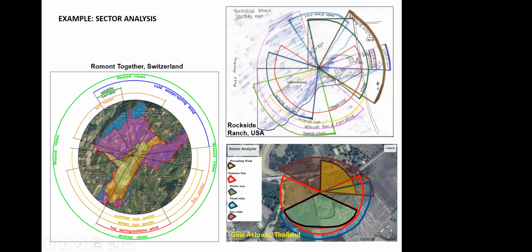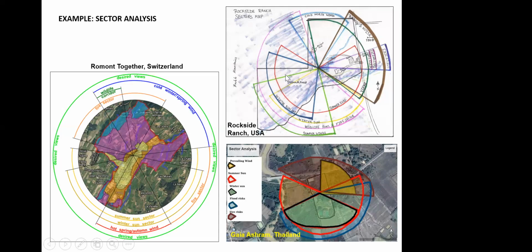So Rockside Ranch, this is a really interesting one for a small holding in Washington State, I think it is. It's not too far from Mount St. Helens, and they've done a really good sector analysis here. They've imagined themselves in the center of the site, and they've got the noise intrusions, which emanate from this main road on the right-hand side.